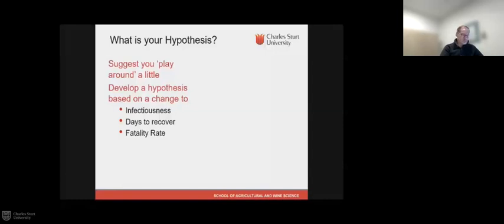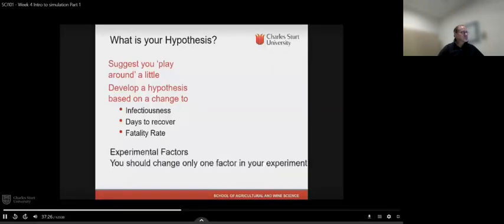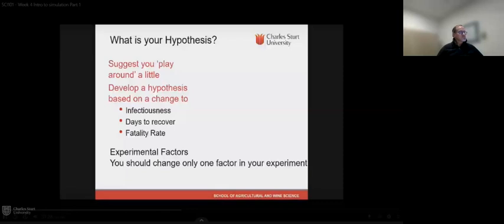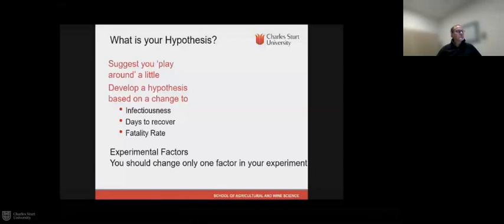You can change whatever you want, but I suggest one of those is probably a good one to choose, because the infectiousness of a disease, or its fatality rate, or its time to recover is most likely going to impact the health of that population. So pick one of those. Don't pick all three. These are what we call our experimental factors. Like I said, just change one.